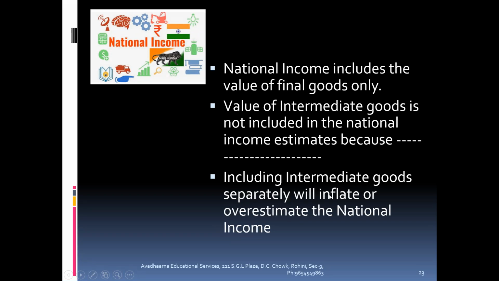Suppose, let's take that example only. If we are buying the biscuit, the cost of the sugar is already included in the selling price of the biscuit. Fine. So if we include intermediate goods separately while calculating the national income, that is going to inflate or overestimate the national income.